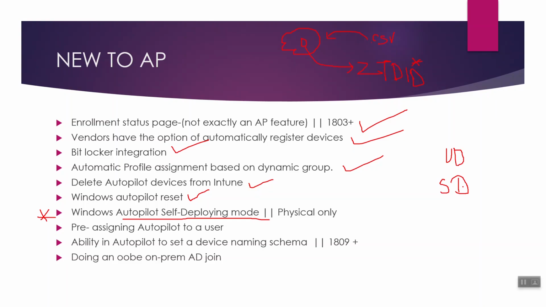If the internet connection is there, the device is going to get the profile, the device is going to get Azure AD joined, the device is going to get enrolled to Intune, and all the provisioned policies and app settings are going to get delivered to the device, and the device is going to be in business ready state without even the user having to enter his username or password.